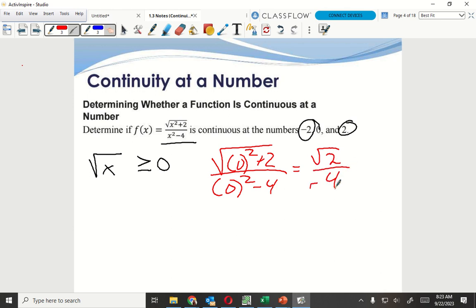Is that a problem? It's a radical, but there's no negative in the radical. Is there 0 in the denominator? No. This is a real number, so therefore it is on my number line. It is continuous. Yes, it's ugly, but it's still going to work. So it is discontinuous at 2 and negative 2, but it is continuous at 0.